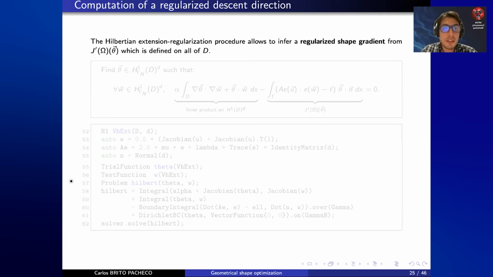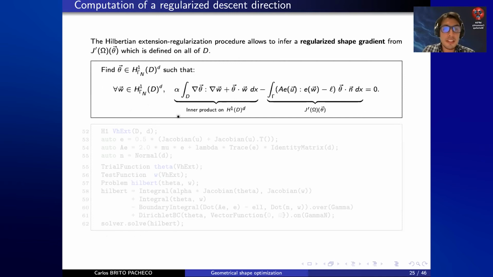Next, we have talked about how you can infer some kind of regularized shape gradient. We need this to perform the gradient descent step, so the advection step. Usually this is a bit involved. What you do is you take the change of inner product on your working space.